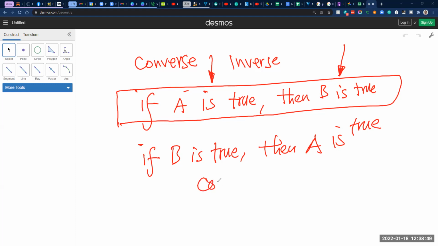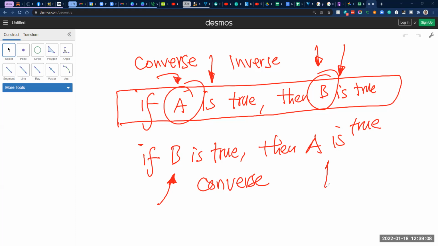This is a converse statement. We shift the hypothesis and the conclusion. Here, this is the hypothesis, this is the conclusion. Now we use the conclusion as a hypothesis and the hypothesis as a conclusion. This is not always true. That's why we need to prove it.